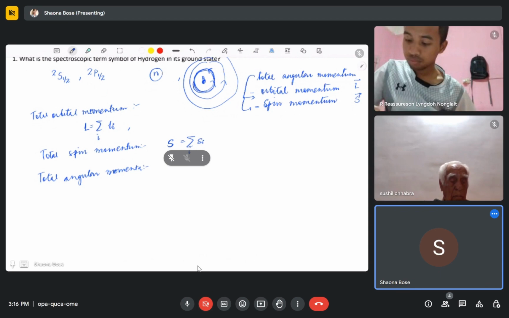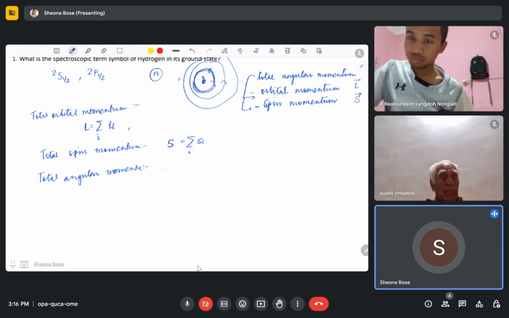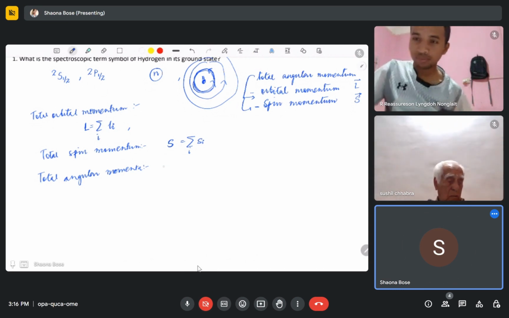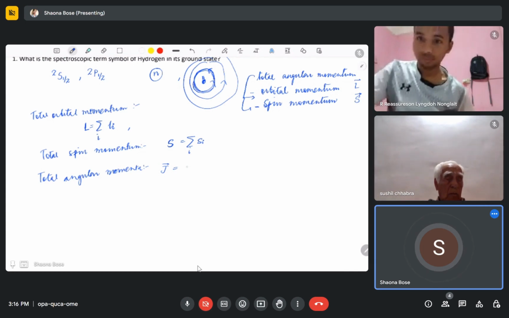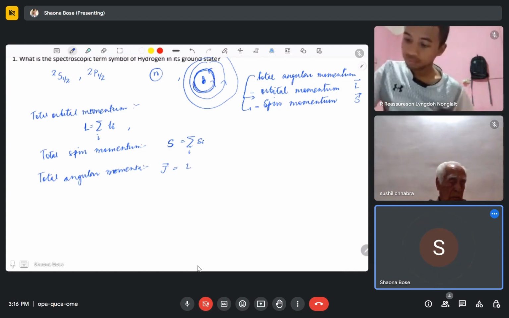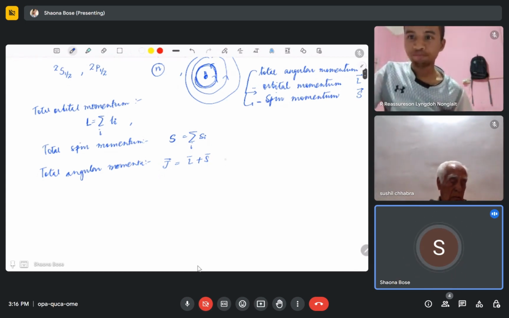So my total angular momentum, J, is L plus S. This is a vector sum.